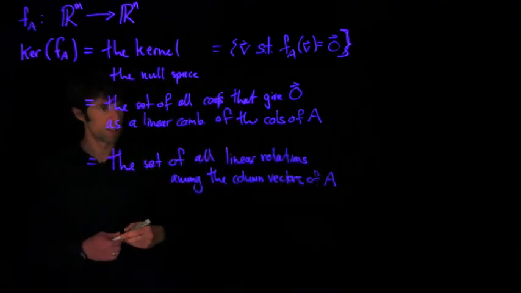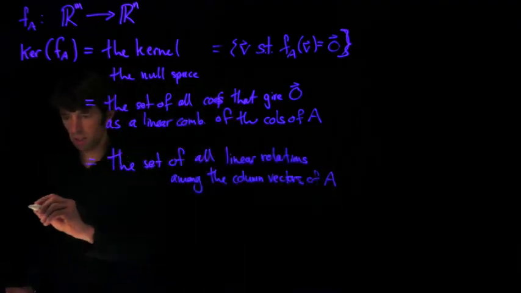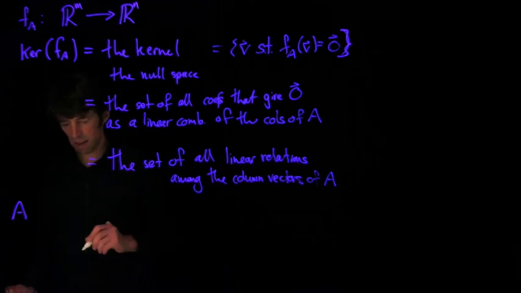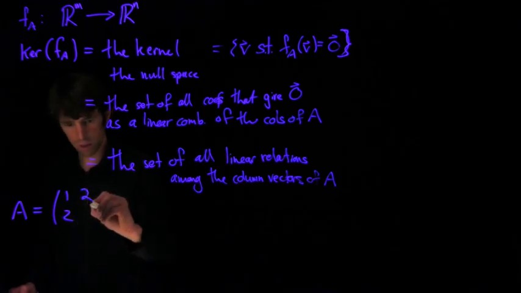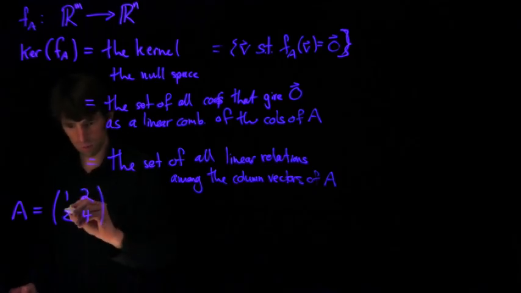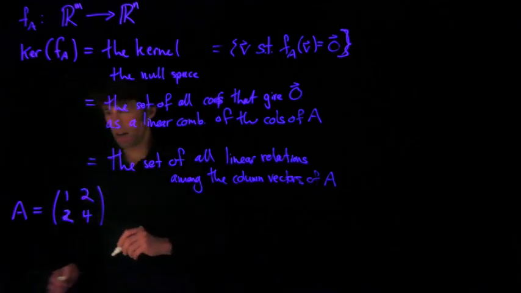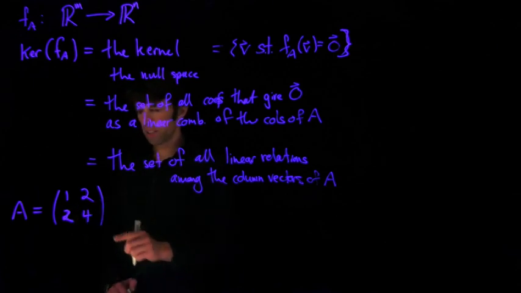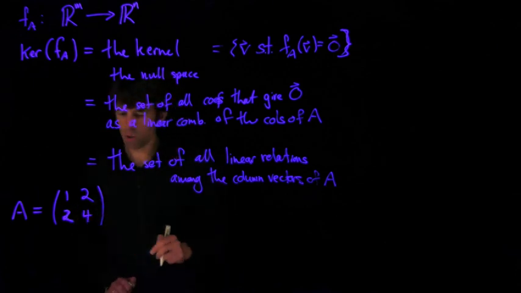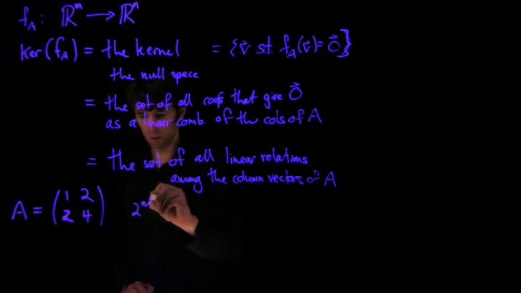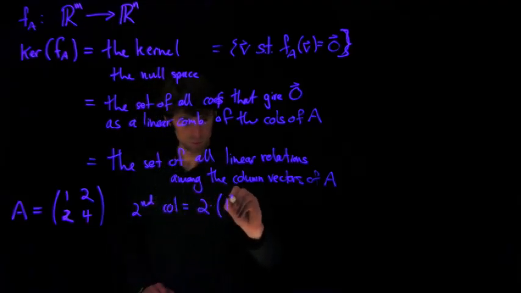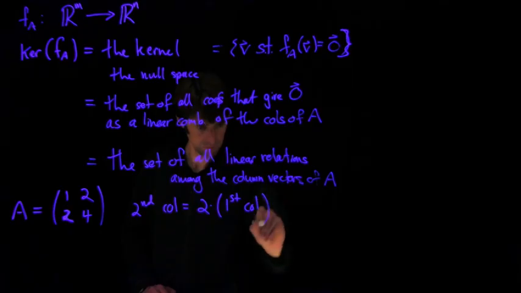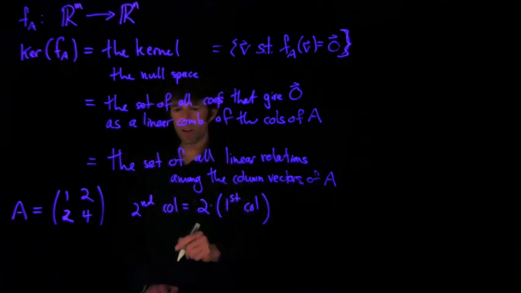So let's look at a very simple example here. If I have a matrix A, let's say this is 1, 2, 2, 4. You can just look at this matrix and say, the second column is 2 times the first. So this is a linear relation.